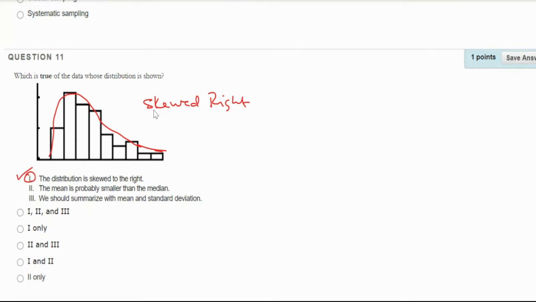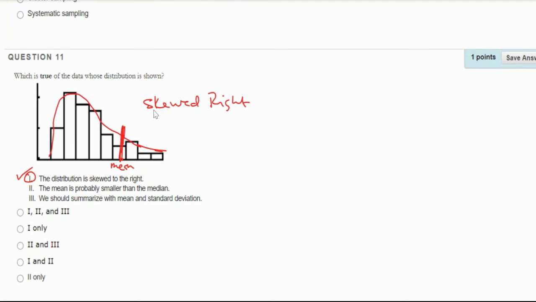The mean is probably smaller than the median. Now, what do you think about it? By the way, the mean always pulls towards where the long tail is, all right? So the mean will pull more towards this side. So the mean will be somewhere here.